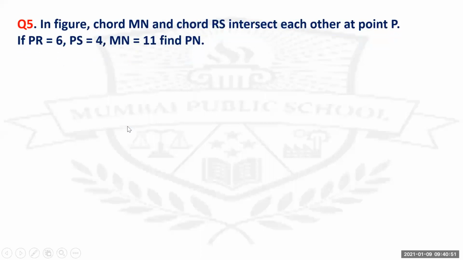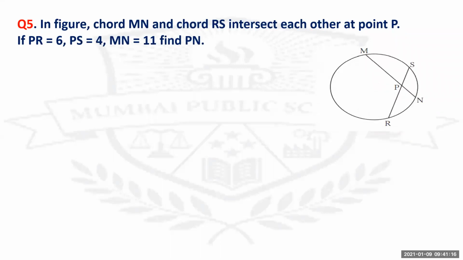Now in the figure, chord MN and chord RS intersect each other at point P. If PR equals 6, PS equals 4, MN equals 11, we have to find the value of PN. Understand? Now we'll look at the figure.